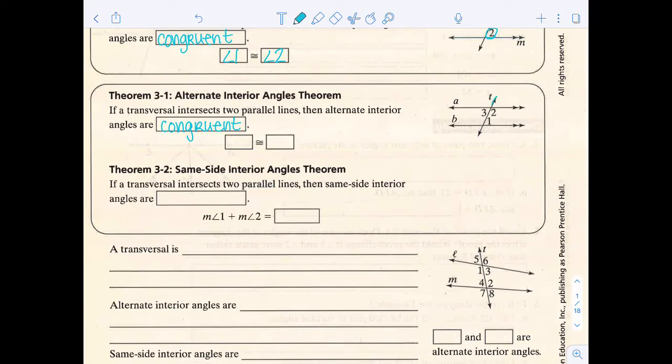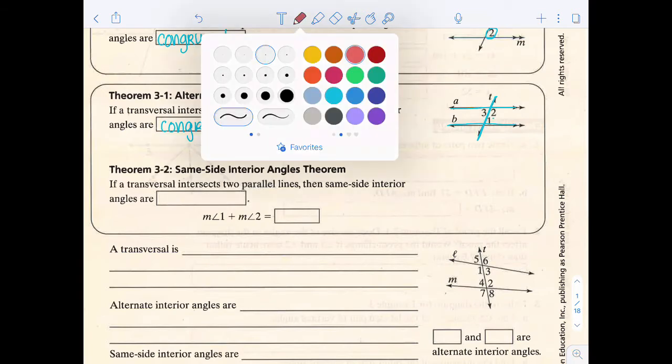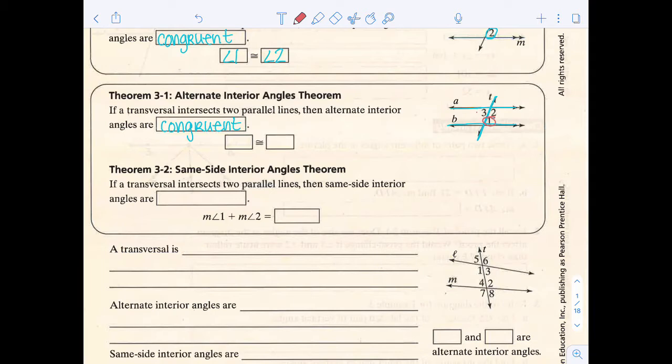So they have to be on opposite sides of the transversal and inside of these two parallel lines. So angle 1 here and angle 3 are on opposite sides of this center line and inside the two parallel lines. So angle 1 and 3 would be alternate interior, and they would also be congruent.